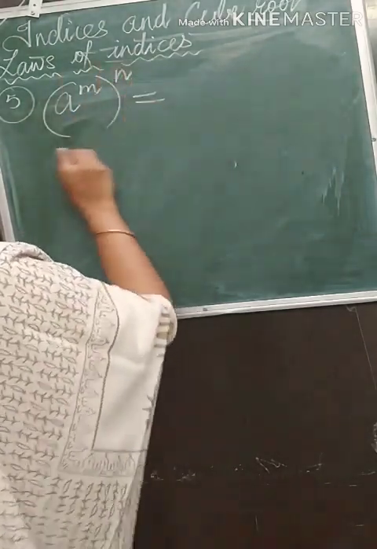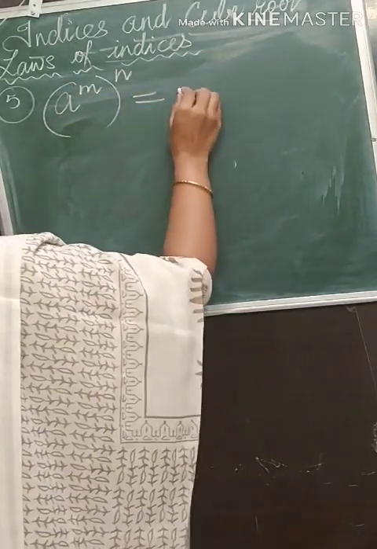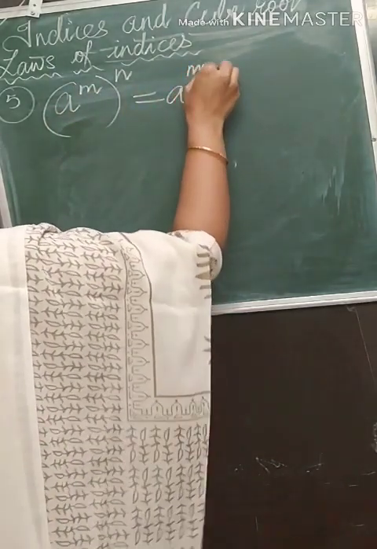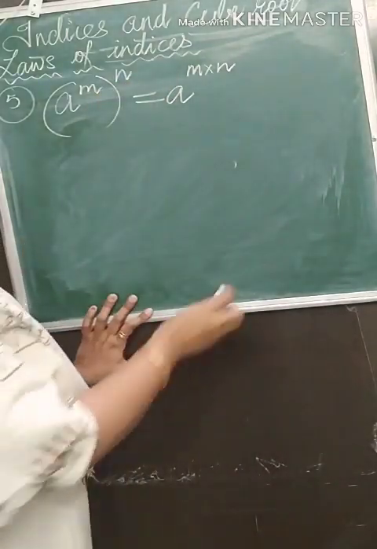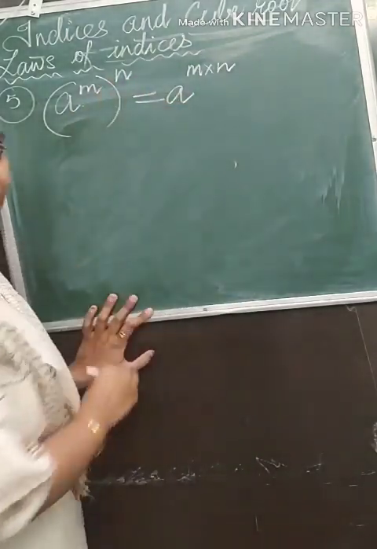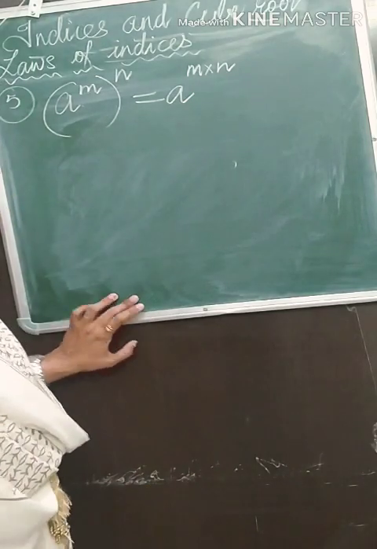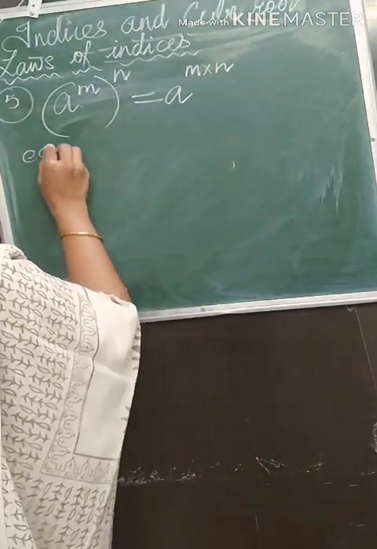If you have something in this form, you will use this law, that is A raised to M into N. You will multiply both the indices, one index inside the bracket, one index outside the bracket. Both will be multiplied. With an example, let us see this also.